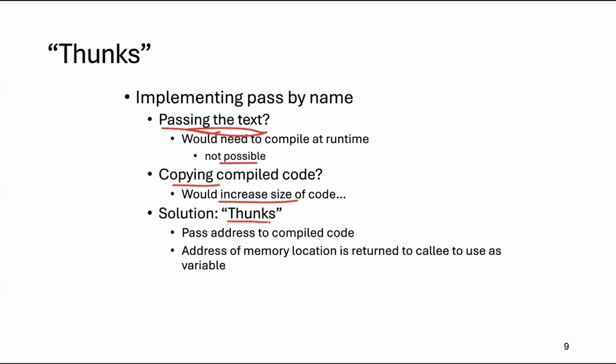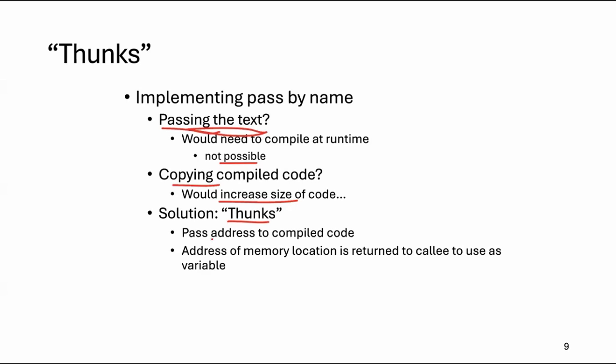So the solution is thunks, which behave differently from copying or passing the text. With thunks, we pass the address to the compiled code, the address of a memory location, which is returned to the callee to use as a variable.